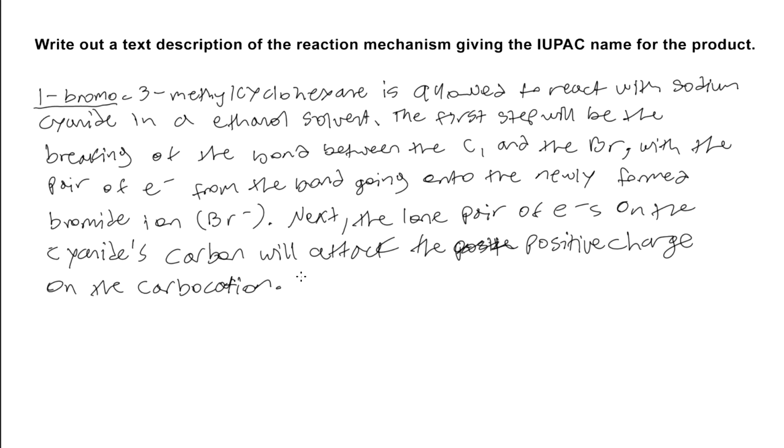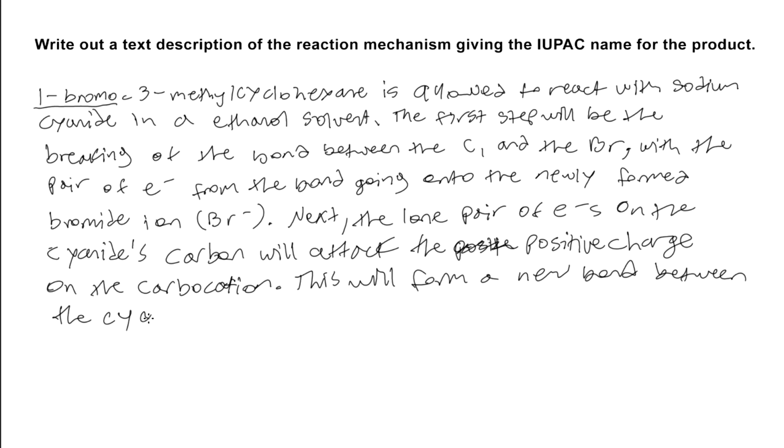So we could say something along the lines of, this will form a new bond between the cyanide carbon, because remember, we specified on the other slide that when we look at this thing here, it is going to look like that, when in reality most of the time we're going to draw something that looks more like this.